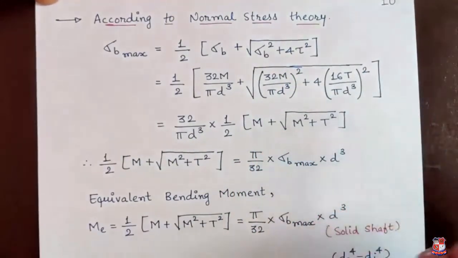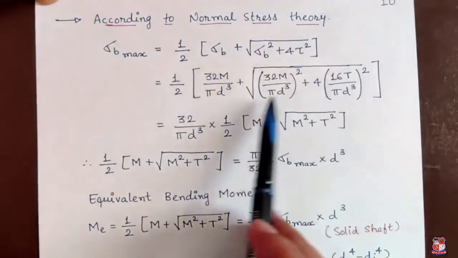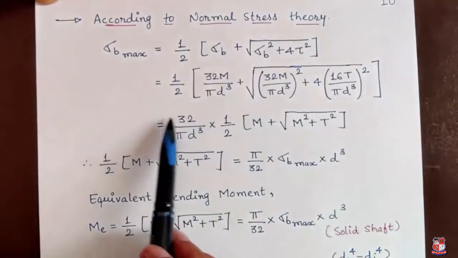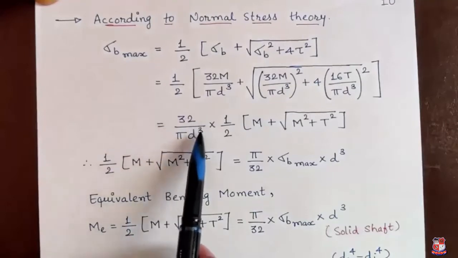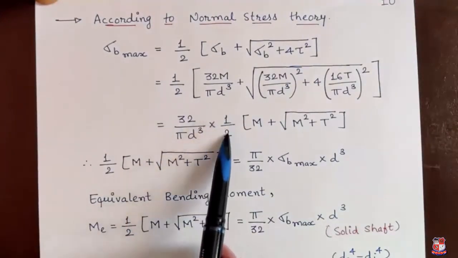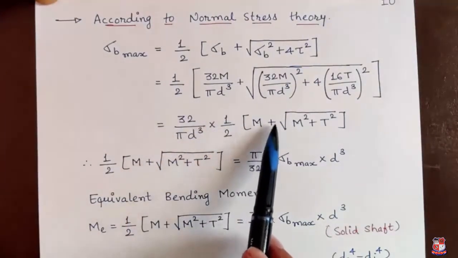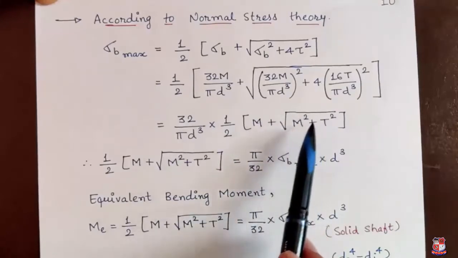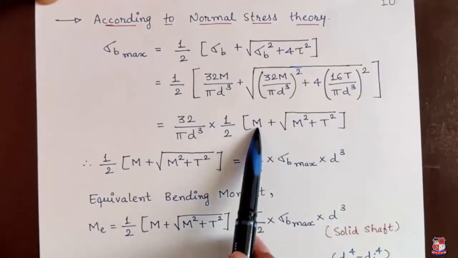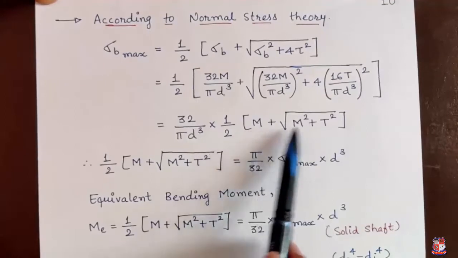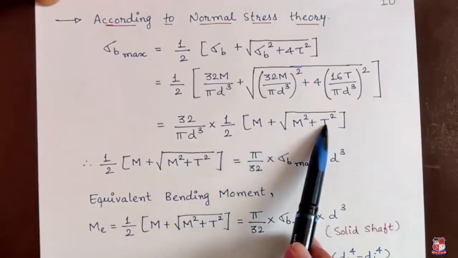Now by simplifying this equation, we will get sigma b max is equal to 32 by pi d cube into 1/2 of M plus root of M square plus T square. Now here M is the maximum bending moment and capital T is torque.